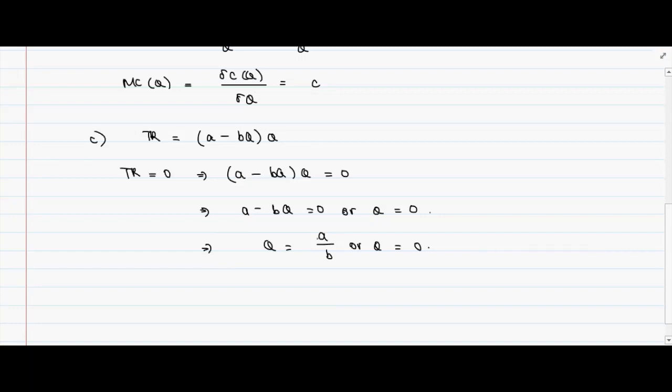Again, this is a typo in the question. It should be A on B, it's not B on A. So either not producing anything, where Q equals 0, or producing Q equal to A on B, is going to give the firm a total revenue of 0.